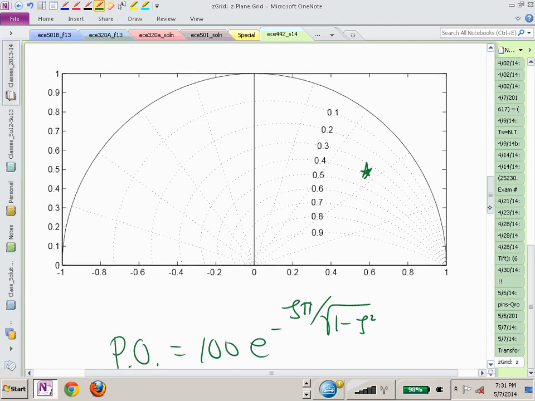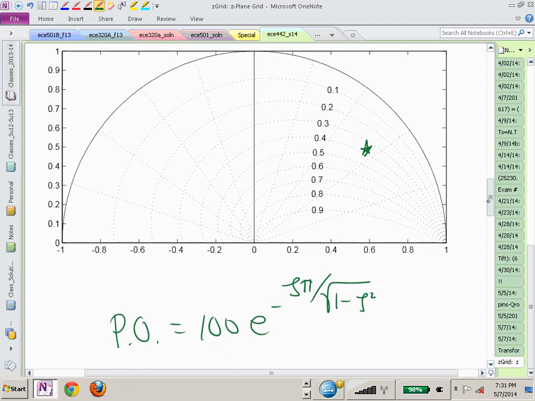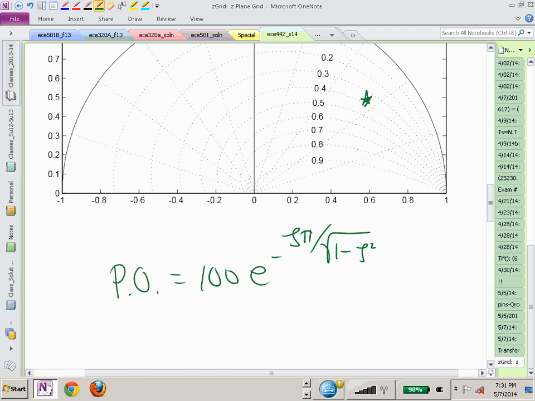Now that you have a zeta value of, let's say, 0.38, you could plug that in, and now you know what your percent overshoot is, based on a real value for your pole and an imaginary value. You have those in rectangular form, or maybe somebody gives you the radius and the angle. You could plot that also on this diagram and start to interpret.